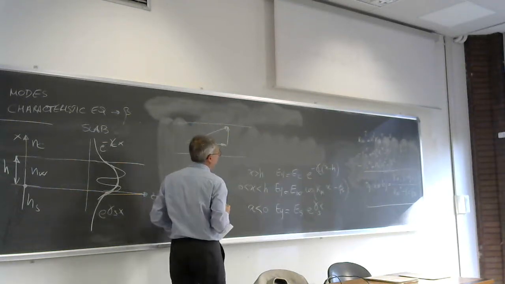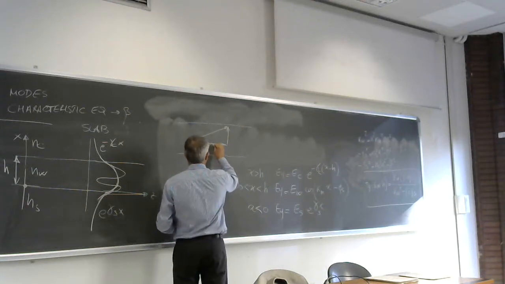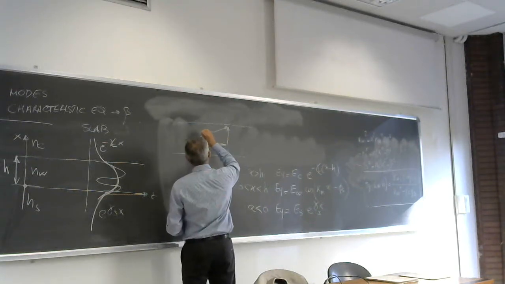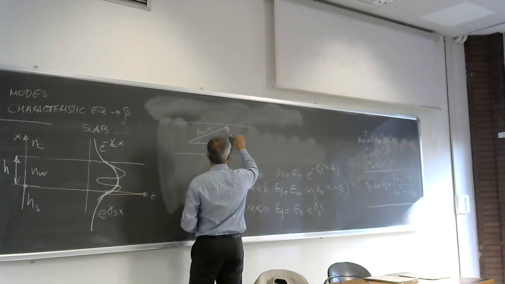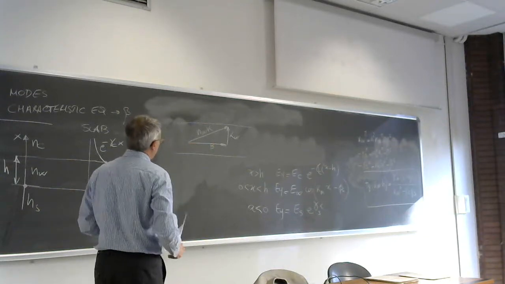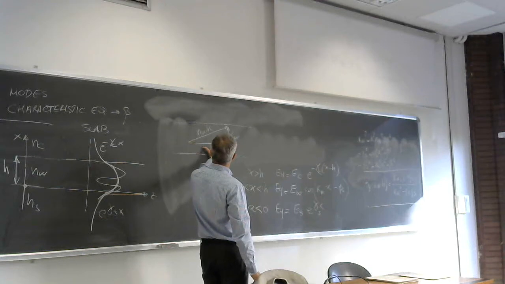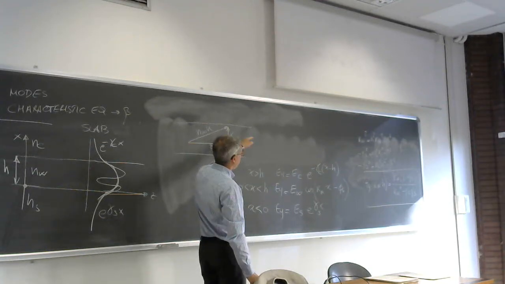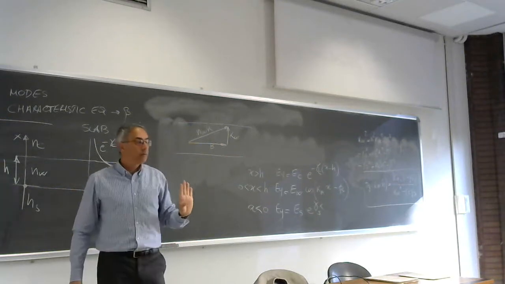This is a triangle with beta, n_w k, and k_w. k_w squared plus beta squared is equal to this term. So this is just the Pythagoras theorem of the first relation.